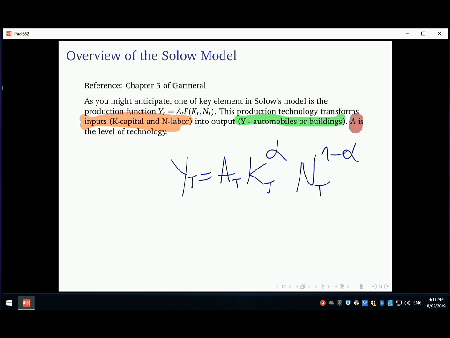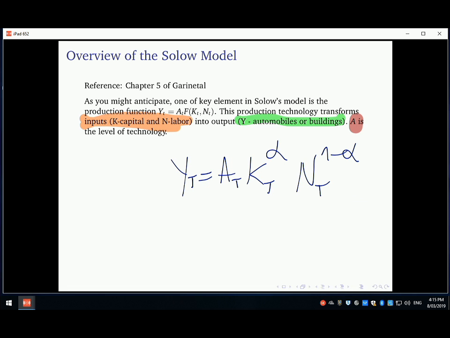that's an aggregate production function. Do we have an aggregate firm in the real world? No, right? In the real world, we have so many firms in different industries producing very different things. So when we think about the economy at the aggregate level, that A_t up there, what is that? It's just a residual. It's whatever is not explained by capital and labor that affects output.